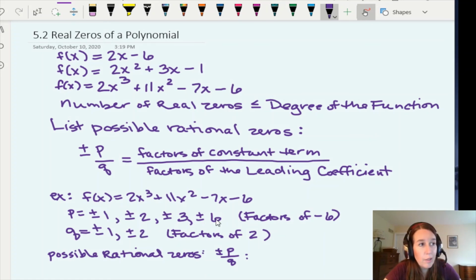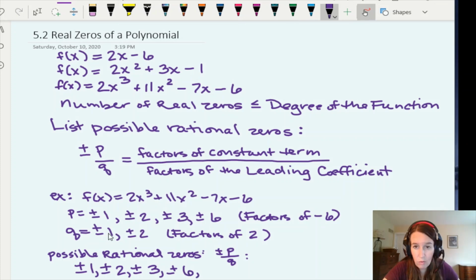You'll notice that the Q's start with 1, so we have plus or minus all of the P's, because they would all be over 1. So plus or minus 1, plus or minus 2, that's 2 over 1, plus or minus 3, plus or minus 6, that's just 6 over 1. And then we have to put all those P's, all 4 of them, over the 2 from the Q. That only leads to a couple more possibilities.